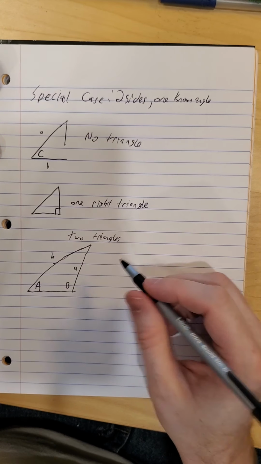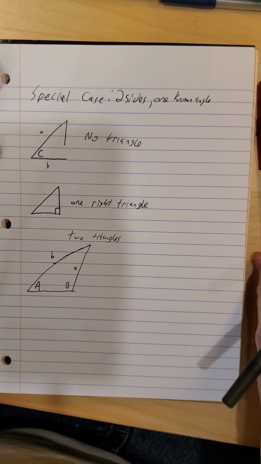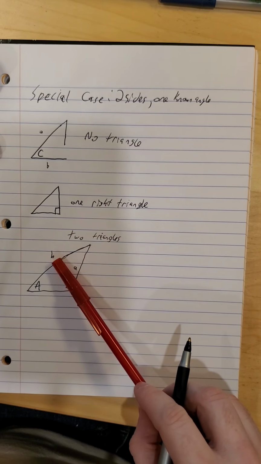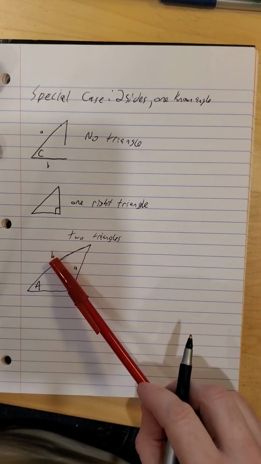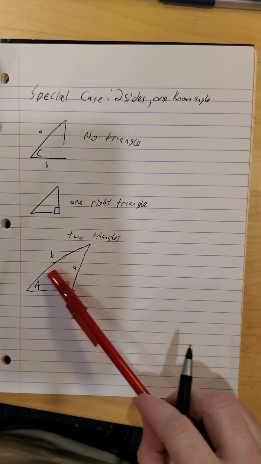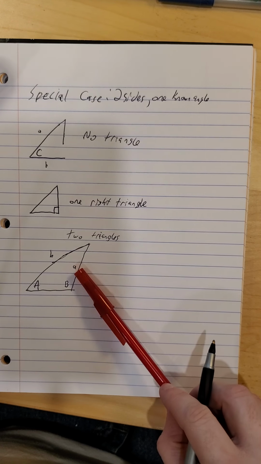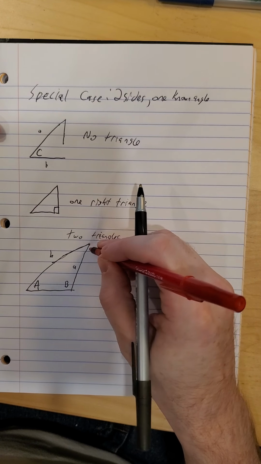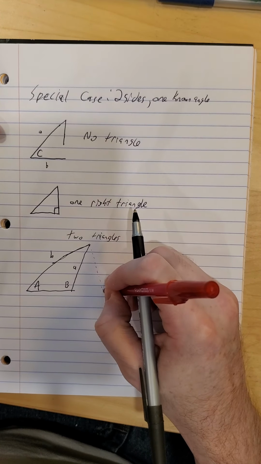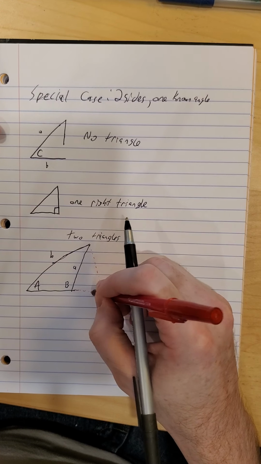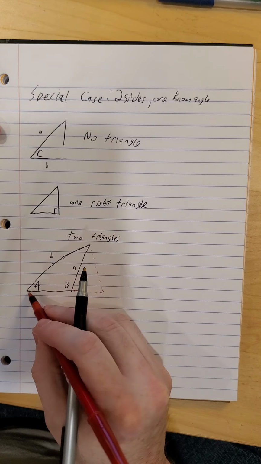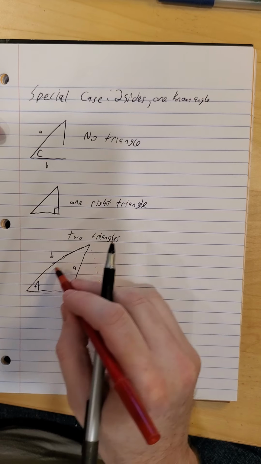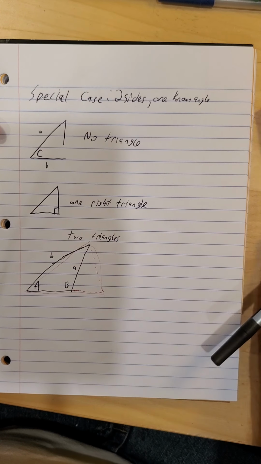Now it's possible for me to make another triangle that has these two same properties: length of side B, length of side A, and angle A included in here, and have it be a different triangle from the one in black. So there is one. I can do the extended one in red as well.